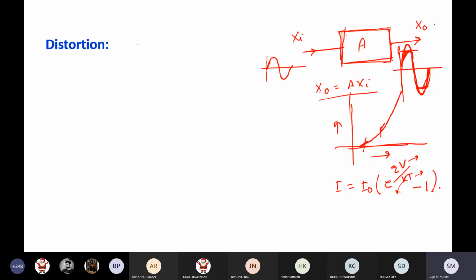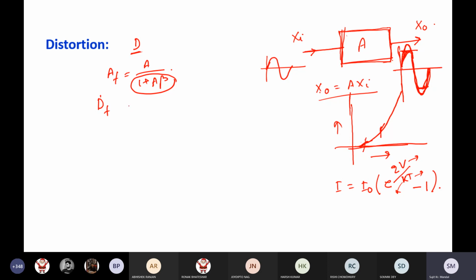Say for example, for the given input signal xi, the distortion at the output without feedback is D. Then with feedback, the overall gain AF is given by A divided by 1 plus A beta. Accordingly the distortion DF is reduced by the factor 1 plus A beta.